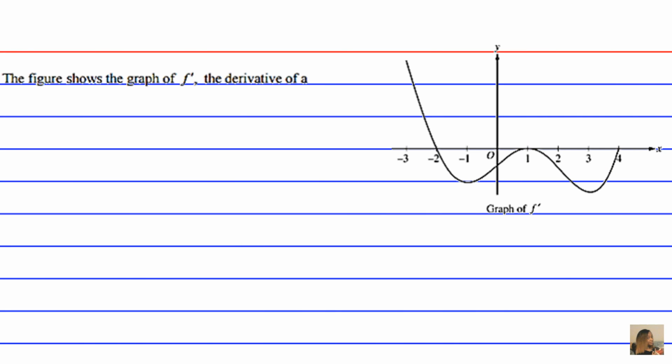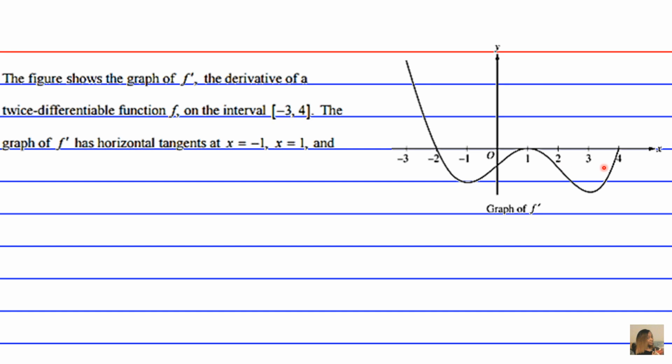All right, so the figure shows the graph of f prime, that's the first derivative of a twice differentiable function f on the interval including the endpoints -3 and 4, okay? The graph of f prime has horizontal tangents at x equals -1, x equals 1, and x equals 3.